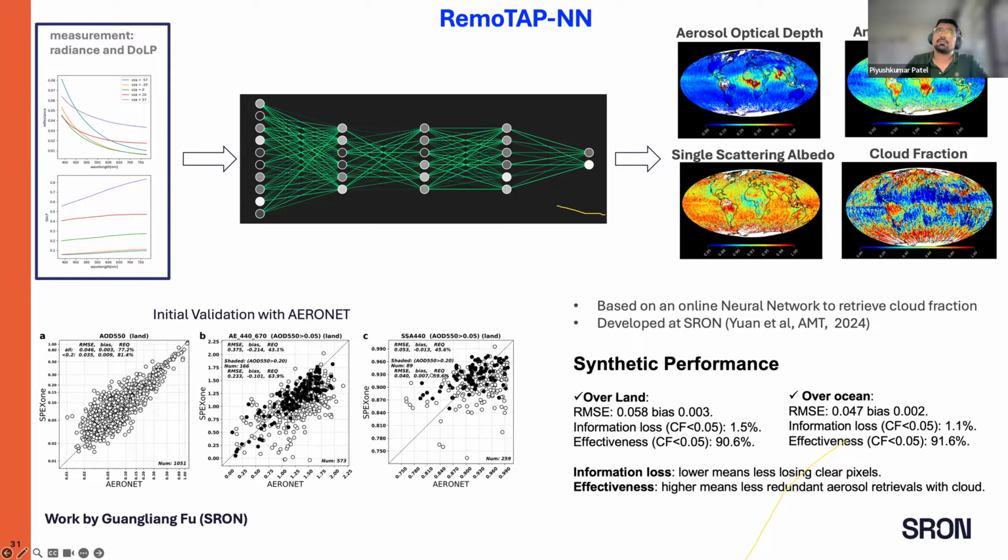And these cloud fractions, which are retrieved from the neural network, will help us remove those cloudy pixels. Now, this particular neural-network-based development we compared with the ground-based measurements of AERONET, and we found very good correlations, but we still need some more tuning of the neural network. So that is still under development.